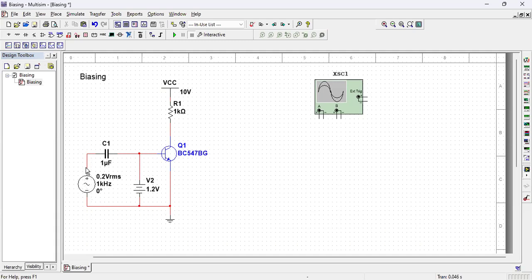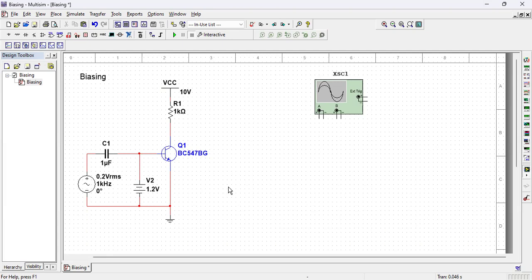AC current from here, when it comes through the capacitor, has two paths. One path is this base emitter junction. Another path is through the DC battery. Now, possibly you have already learned that a DC battery is always a short circuit for an AC source. This is a very, very important piece of information you must always keep in mind.